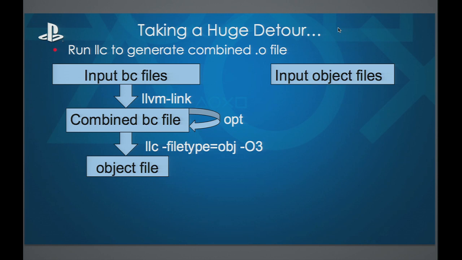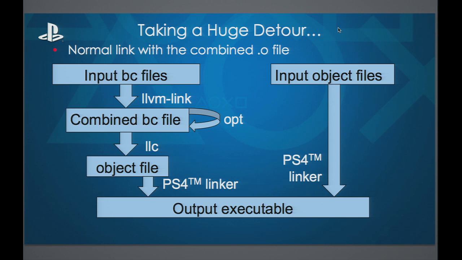The next step is to convert this combined bitcode file to a native object file using llc. And finally, we link this object file with the other object files and libraries that we saved earlier into a final executable.